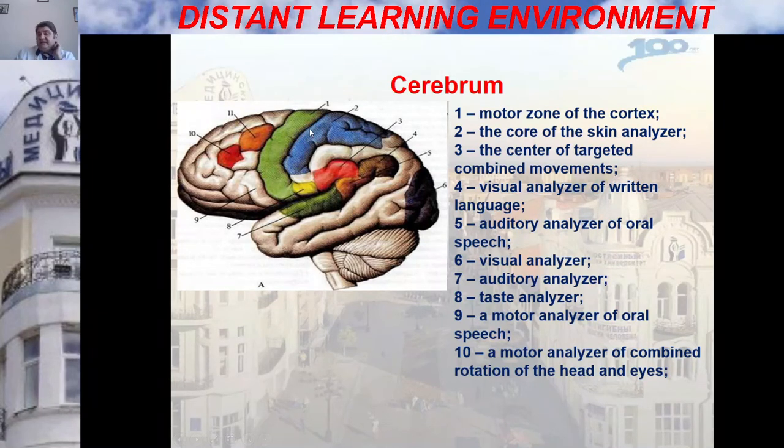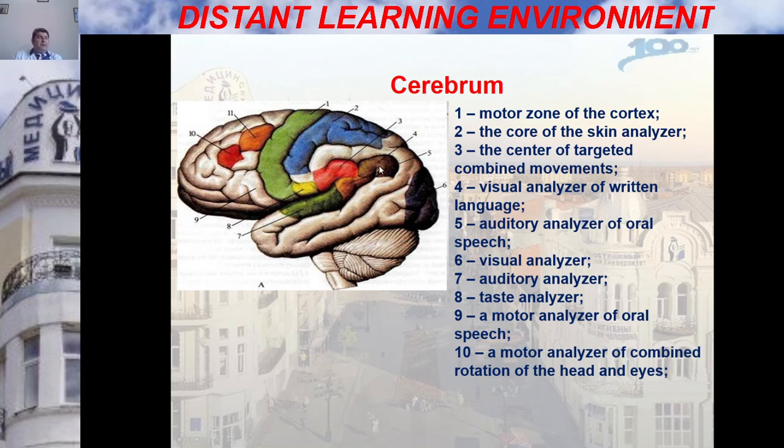You may see this part on parietal lobe, postcentral gyrus and superior parietal lobulus. So in number 3 you may see in red color the center of targeted combined movements on the inferior parietal lobulus.